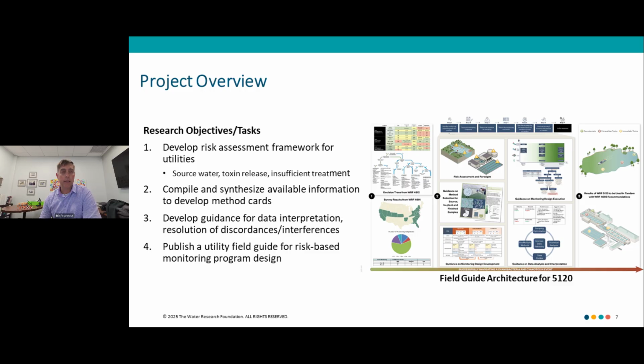They're designed to be simple-to-use summaries of the methods. And it was to develop guidance for data interpretation, especially focusing on resolution of discordances, so if data doesn't match between methods, or considering things like interferences associated with methods.